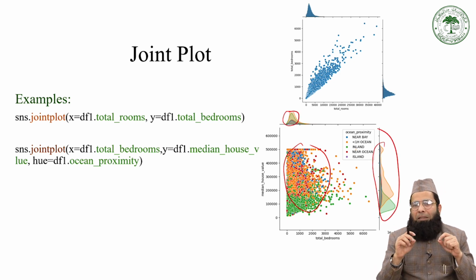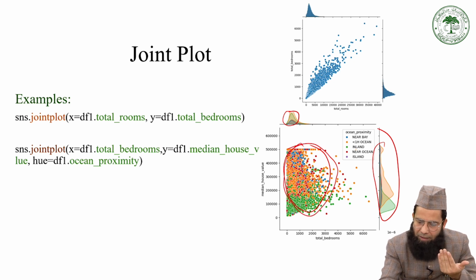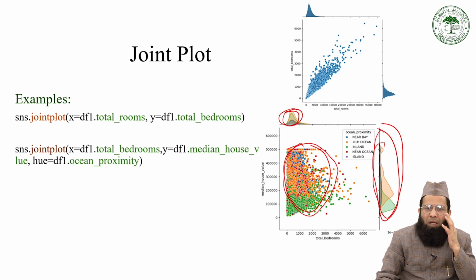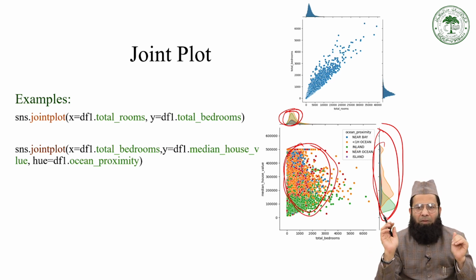It displays both univariate and bivariate data relationships. This one is the bivariate data relationship and these two are univariate. It features a bivariate plot that illustrates the relationship between a dependent variable and an independent variable.